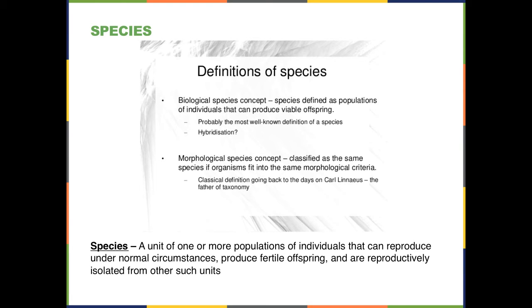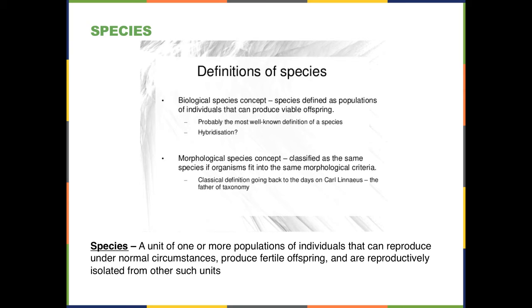But one very popular definition, and the definition that I'll expect you to understand, is a unit of one or more populations of individuals that can reproduce under normal circumstances, and this is the important part, that their children, the product of their reproduction, are fertile offspring, and that those offspring are reproductively isolated from other different units. So what that means is that horses beget horses that beget other horses.